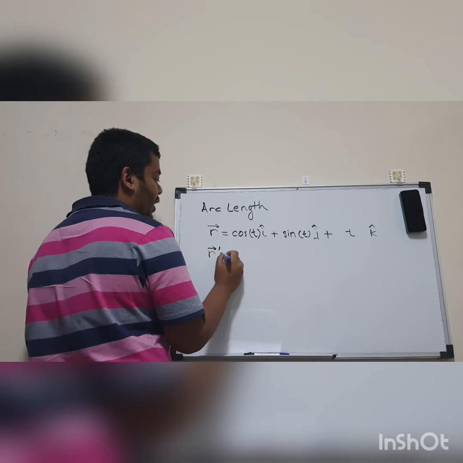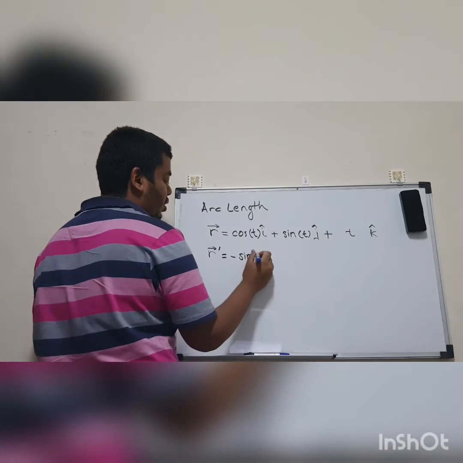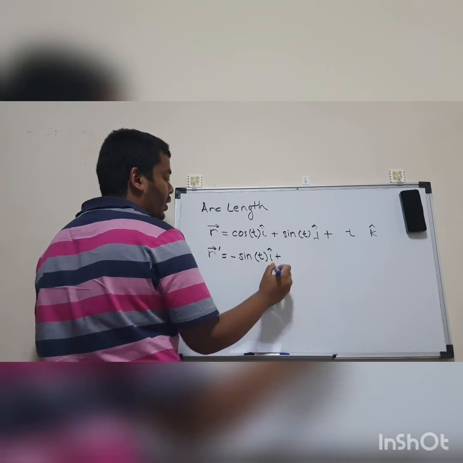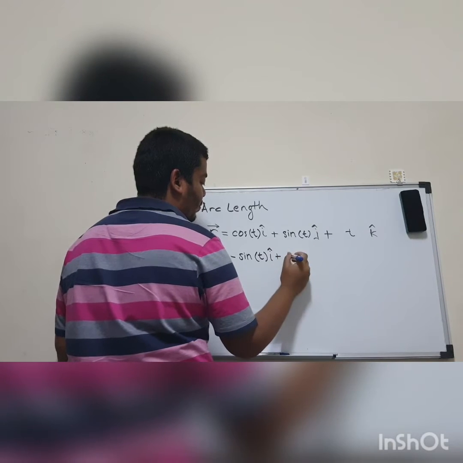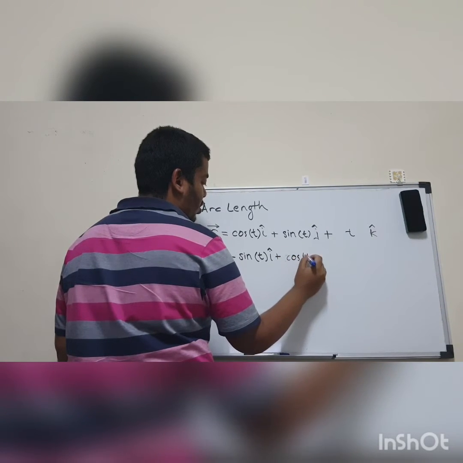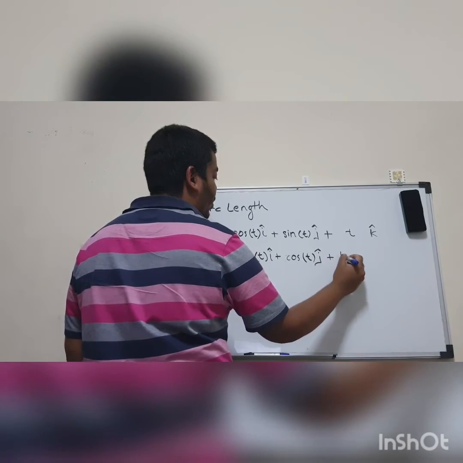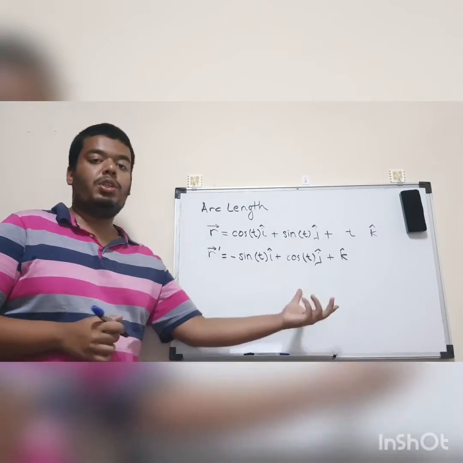So let us first find r prime. r prime is equal to negative sine of t i plus cos of t j plus k. This is the derivative of the position vector.